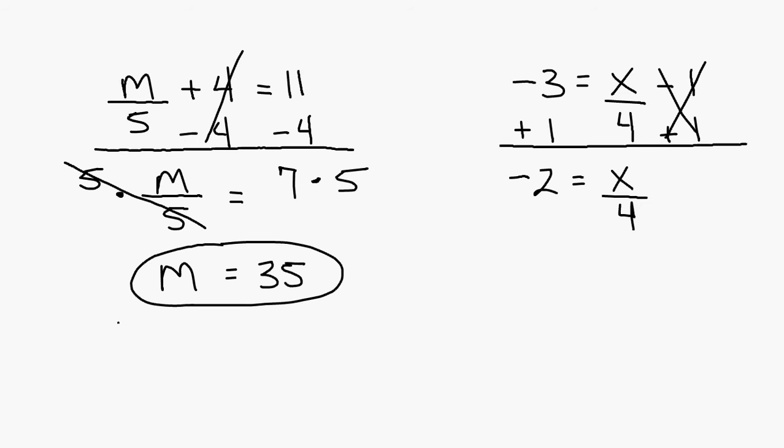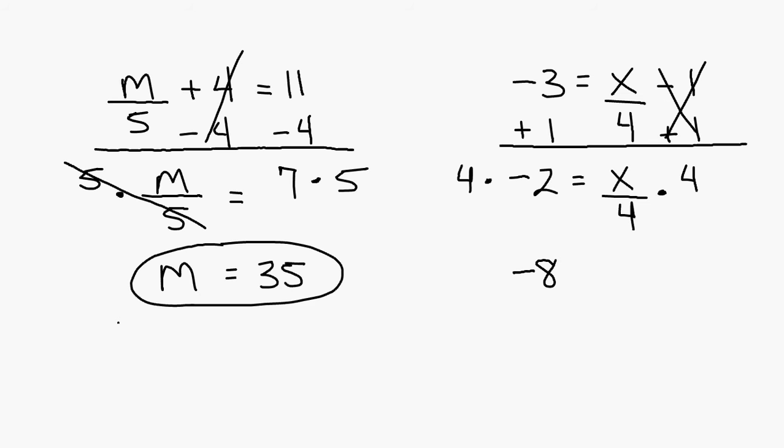And then? Multiply 4 to negative 2. Right, and you're going to multiply both sides of the equation by 4, right? So multiply by 4 and multiply by 4. So 4 times negative 2?